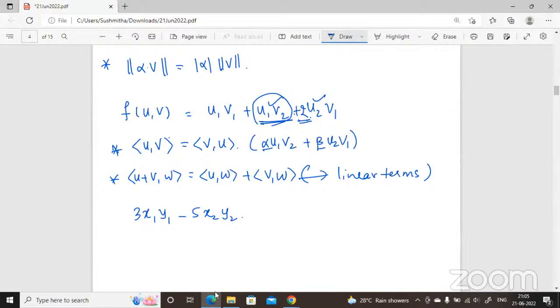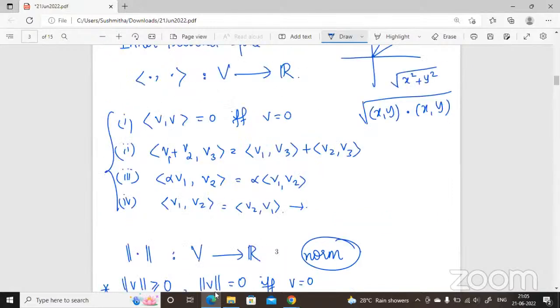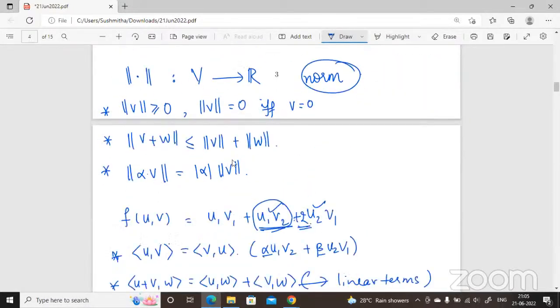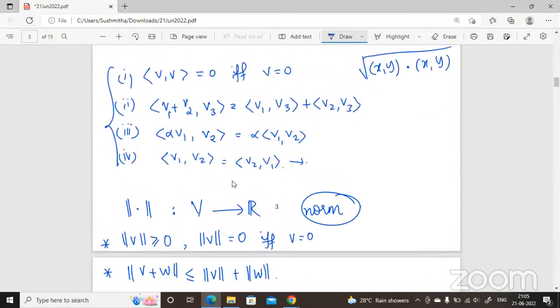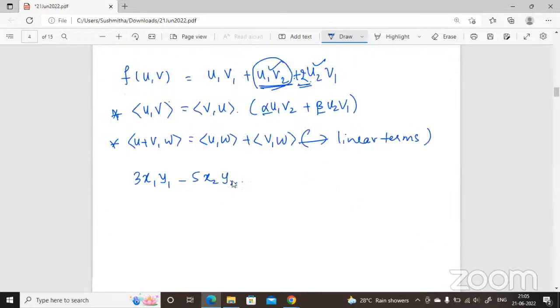That's called positive definiteness. So you can find non-zero vectors for which the inner product will be 0 when you have terms like this, right?